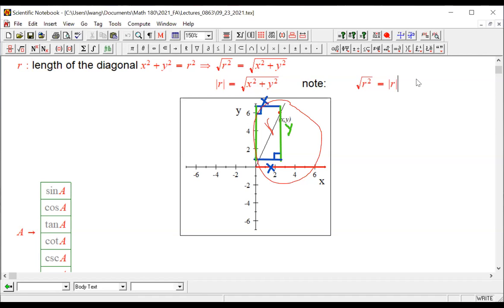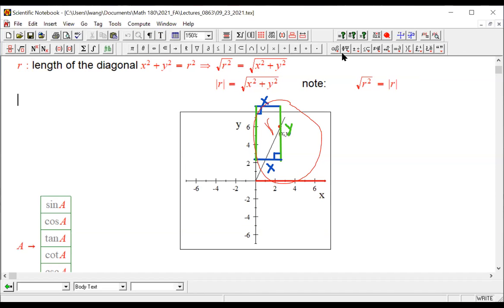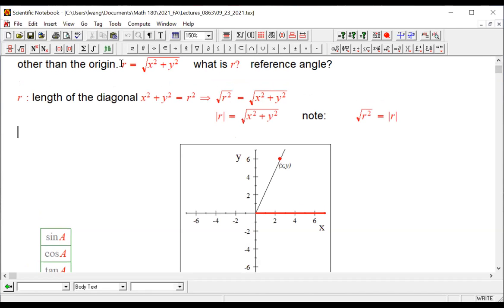Now you have the picture in your mind, so I'm just going to clean it for now. So how do we get to here? By solving this equation from the Pythagorean theorem, we actually get two r's.